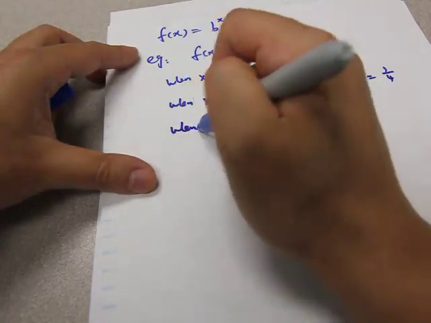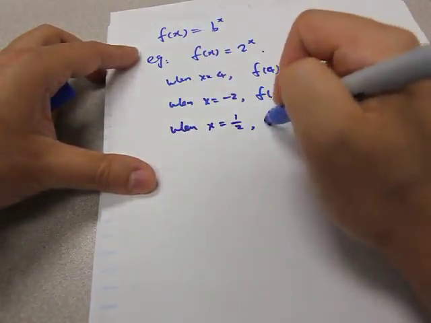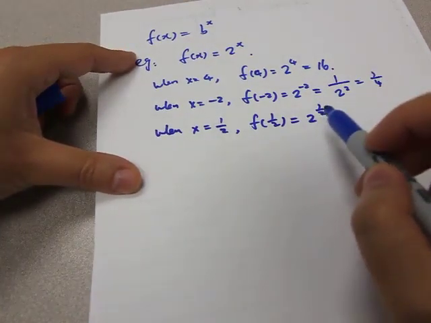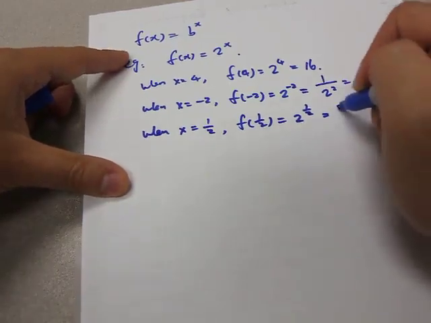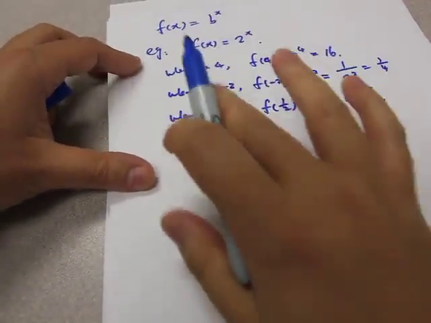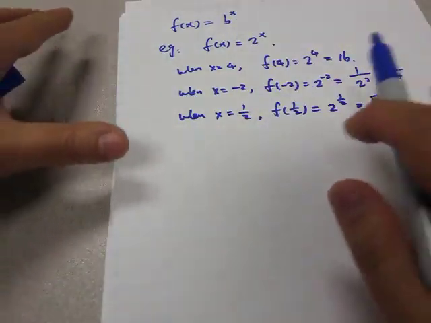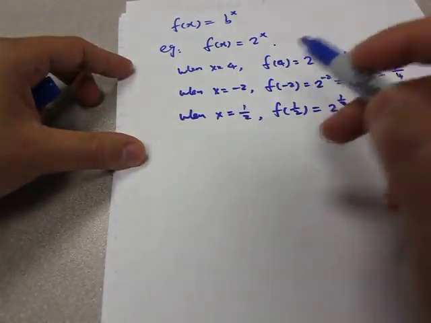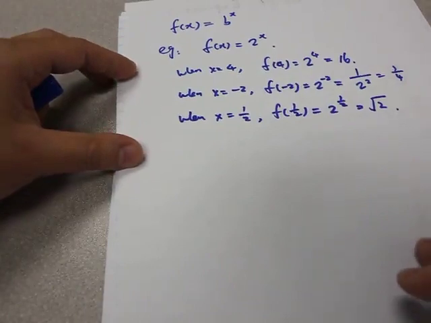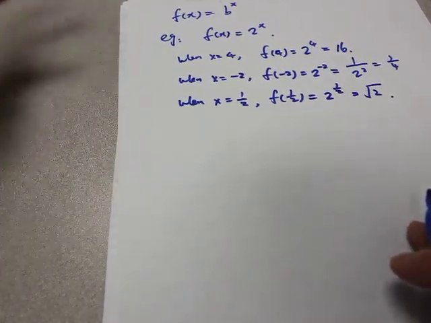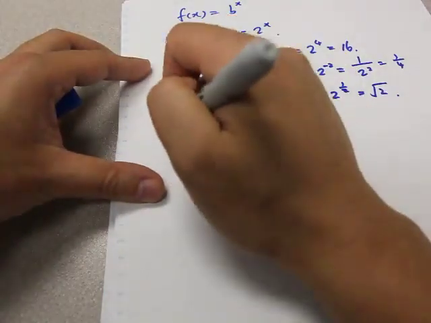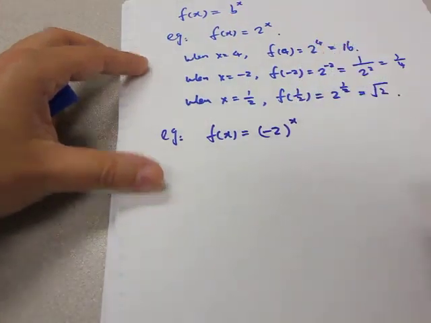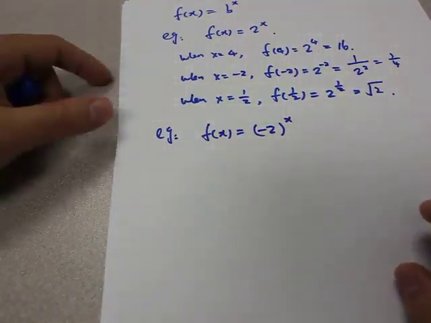Right? So it gave us another real number. And when x equals 1 over 2, the function value is 2 to the power of 1 over 2, which, from the study of radicals, we know is equal to the square root of 2. So no matter what x is, we are always able to find a corresponding function value, a corresponding y value. However, if we use a negative number as a base, then we will have trouble.